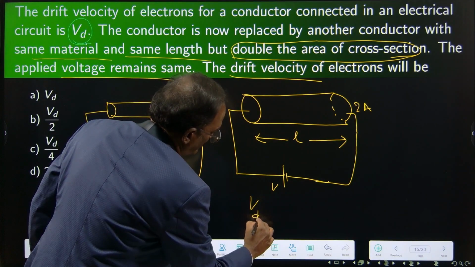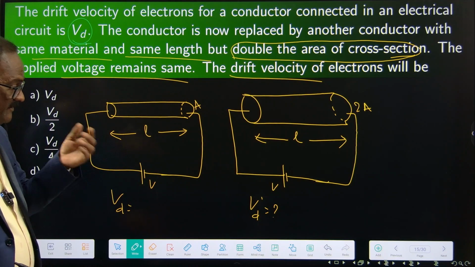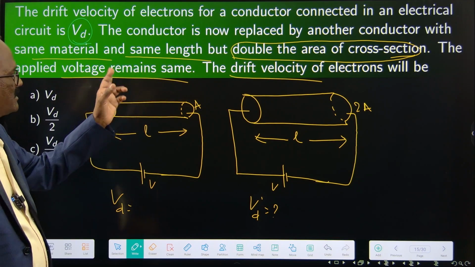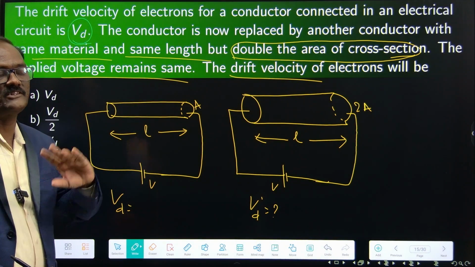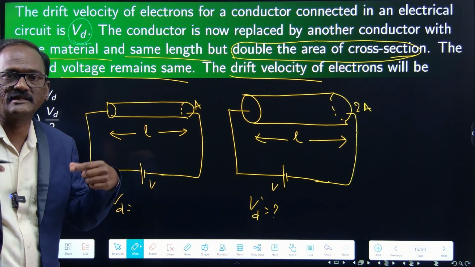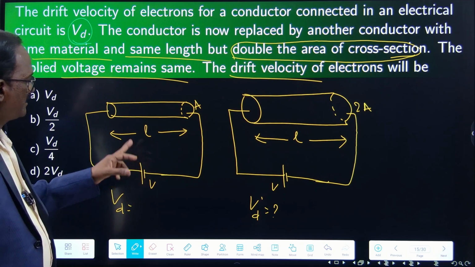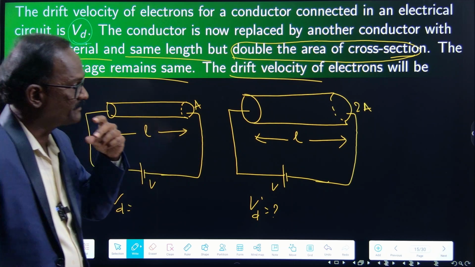What will be the drift velocity for the second conductor? Let it be VD dash. First one is replaced by the second conductor with the same length, same material, but double the cross-sectional area, right? V same, L same, right?